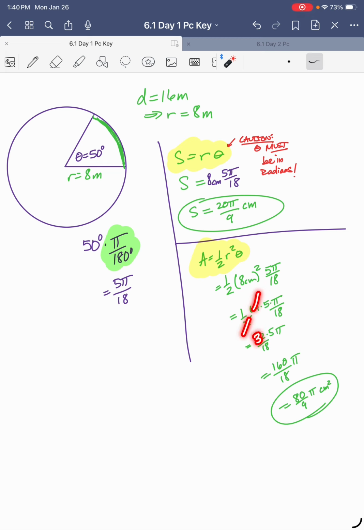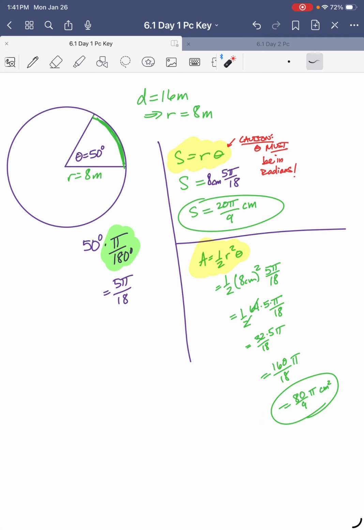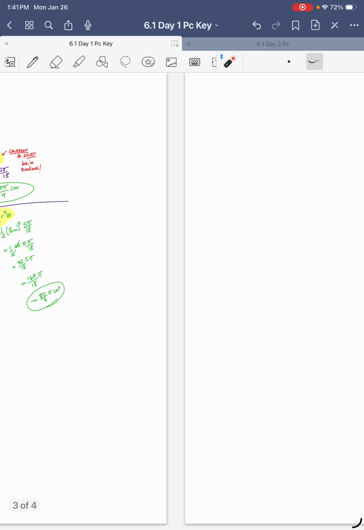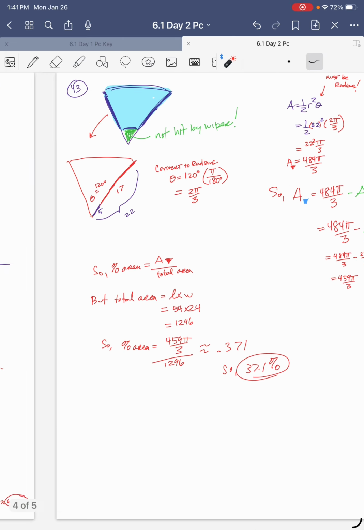This divided by this is 32 times 5 pi over 18. 32 times 5 is 30 times 5, which is 150, and 2 times 5, which is 10. So we should get 160. That's the mental math that got us this. Then we said, hey, there's a 2 in both. That got us this. Wonderful. And that's all for part 1, day 1, I mean. Let's move on to day 2.